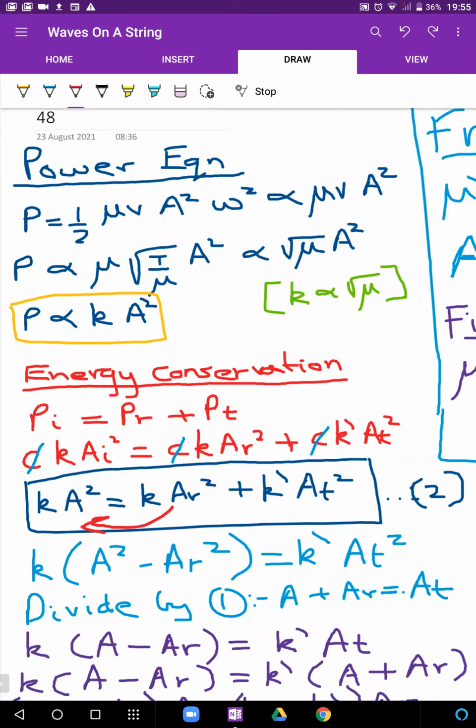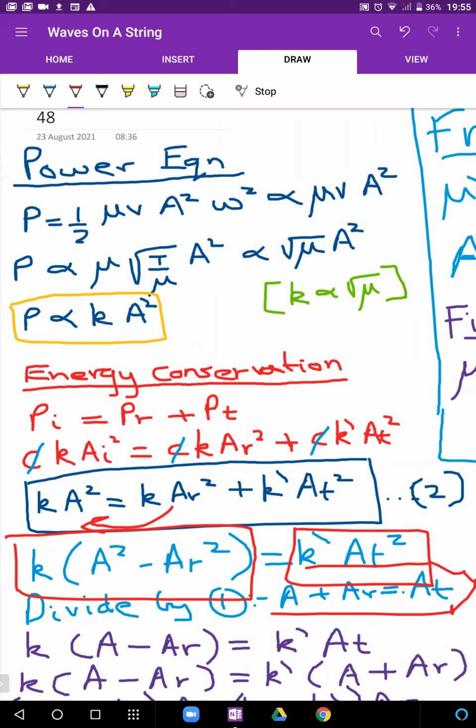This is the math. So k A R square को उधर लेके गया, तो k A square minus A R square आ गया. Right hand side k dash A T square आ गया. So I've rearranged the second equation. Now, if you remember, the first equation was A plus A R is equal to A T. So I have over here A square minus A R square. So I'm getting tempted to divide this form of the equation by equation 1.